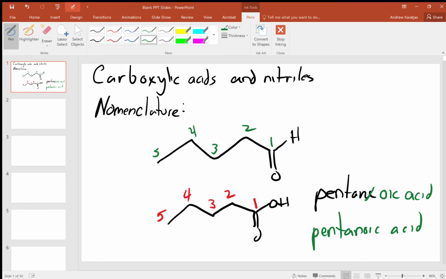Otherwise, until we get into diacids or some important common names, there's nothing new or unusual about the nomenclature for carboxylic acids from what we learned for aldehydes. So basically take everything that you learned for aldehydes, and instead of al for an aldehyde, you use oic acid.